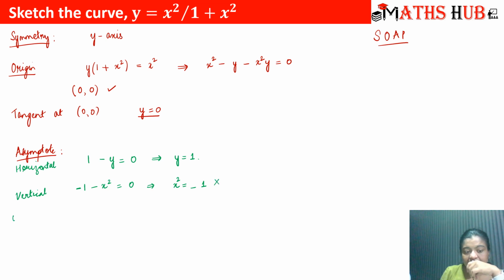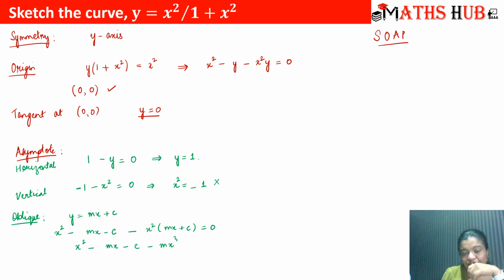Right? Now let's talk about oblique asymptote. For oblique asymptote, let's put y is equal to mx plus c. So we have x square minus mx minus c minus x square into mx plus c is equal to 0. That will give rise to x square minus mx minus c minus m x cube minus c x square is equal to 0, right?